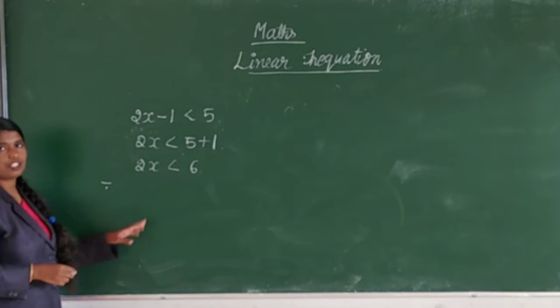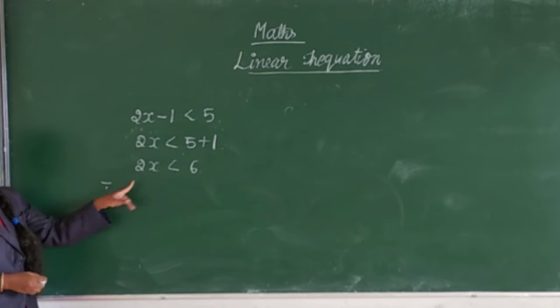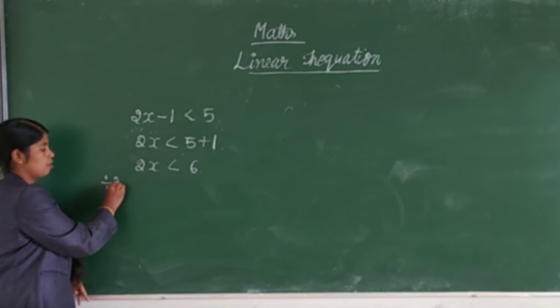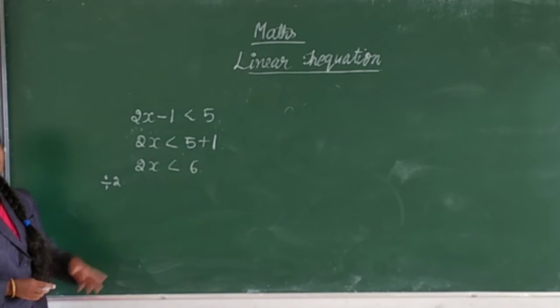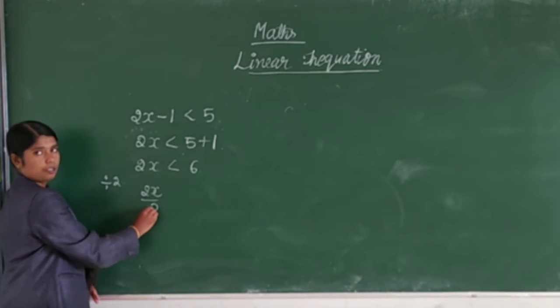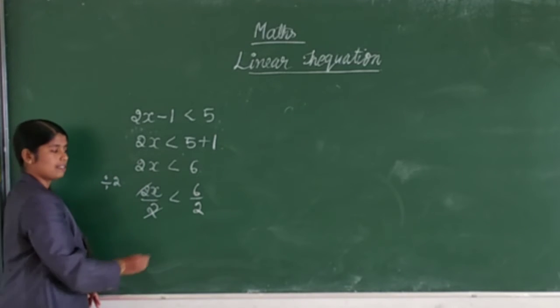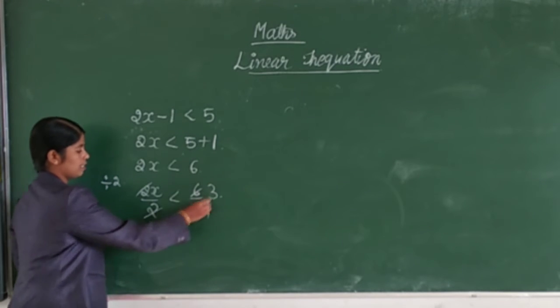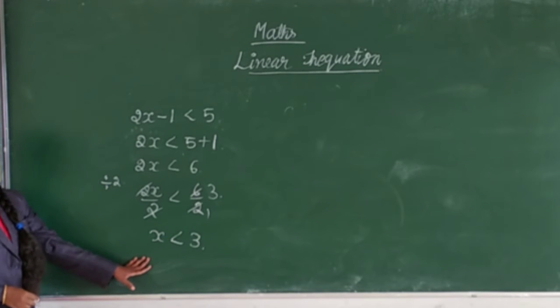Divide by which number here? 2. We want to remove 2 along with x. So here divide by 2. Since we are dividing with a positive number, we are not going to change anything in the sign of inequality. So 2x divided by 2 less than 6 divided by 2. 2 and 2 get cancelled. 2 threes are 6. So x is less than 3.